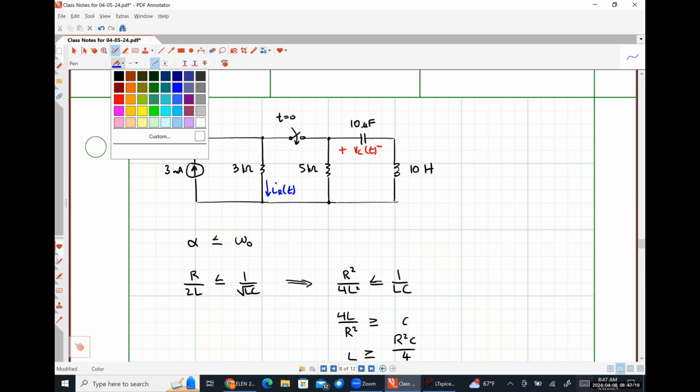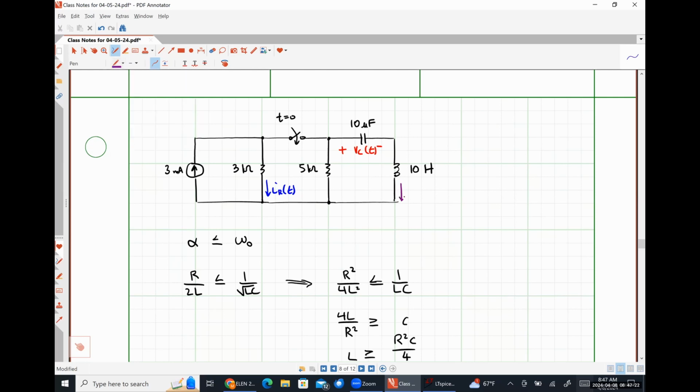And we're not particularly solving for this, but we're going to need to pay attention to what's going on with our inductor current as well. Here's the voltage drop across our inductor. And actually, we're just going to call that current I. So these are all of the different pieces of information that we could possibly need here.